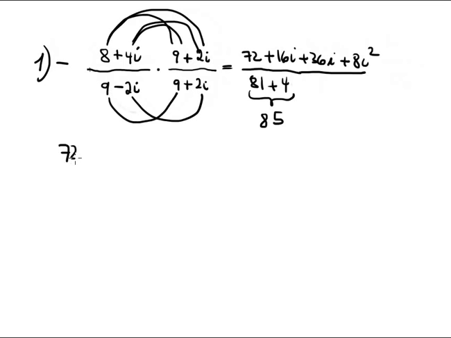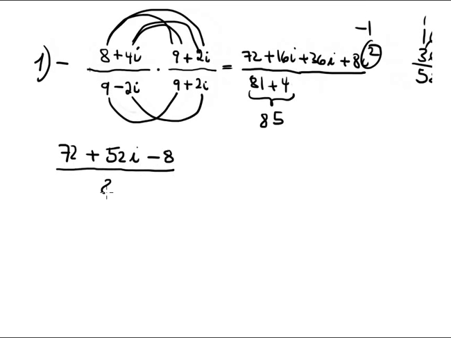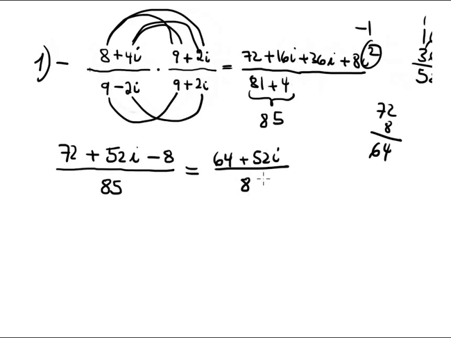This is 72 plus 16 and 36 is 12, carry down 1 is 52. 52i minus 8, because i squared is negative 1, divided by 85. And 72 minus 8 is 64. Entonces 64 plus 52i over 85.